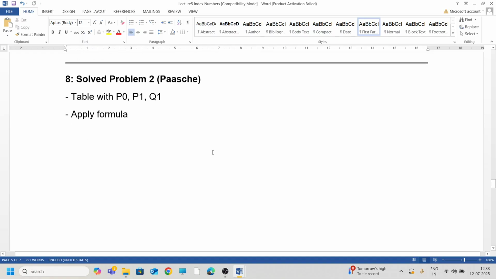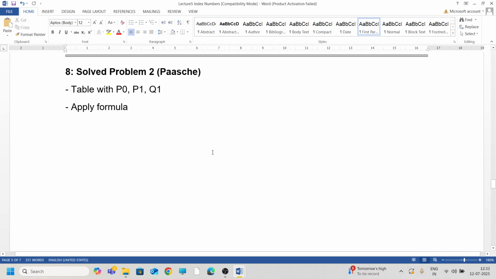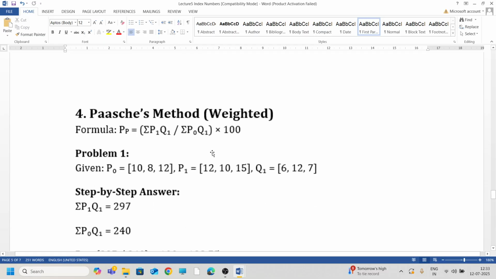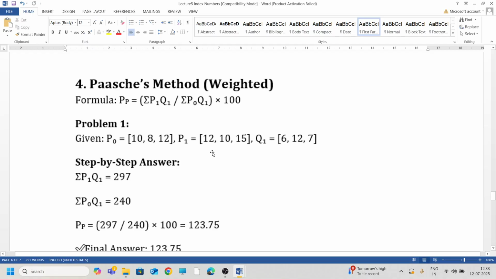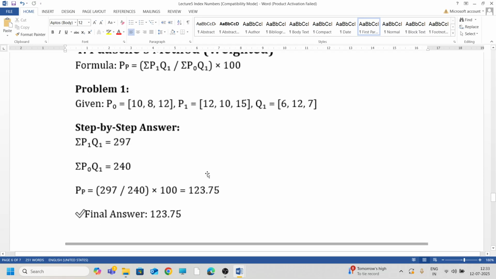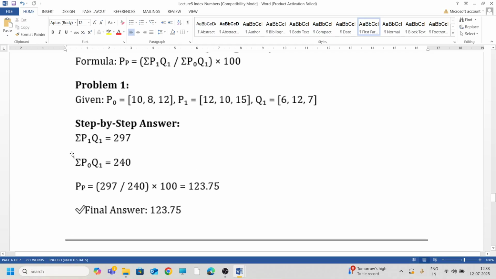Next, the Paasche method. Table with P0, P1, Q1. Then apply the formula of Paasche. Okay. This is the Paasche formula: PP equals summation of P1 Q1 divided by summation of P0 Q1 into 100. So the given values are P0, P1, Q1. Just find the summation of P1 Q1 and the summation of P0 Q1.